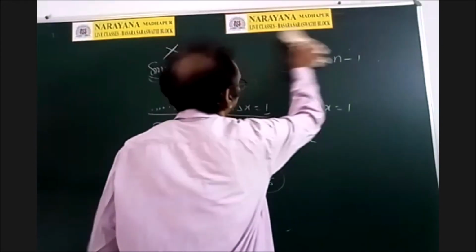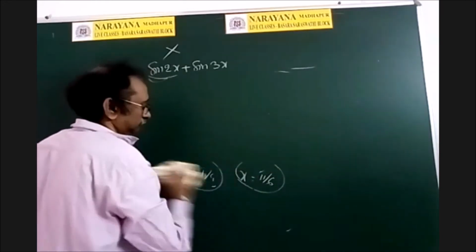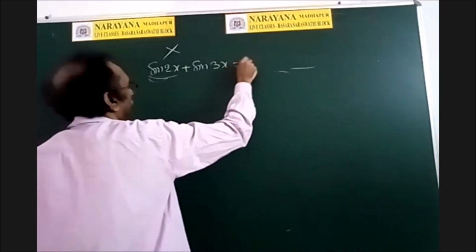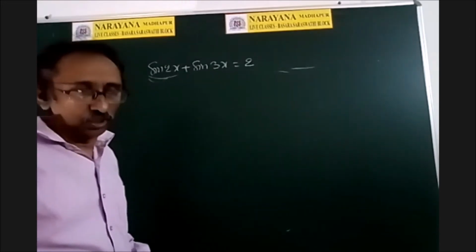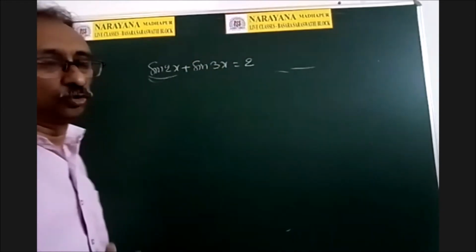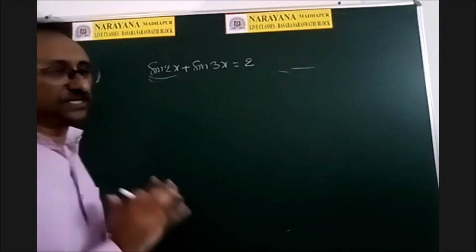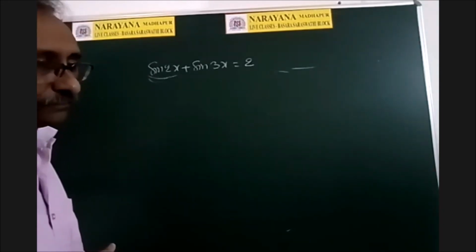Okay, I will do one thing. Instead of writing all this, I will simply write this only. Now let us start once again, Yoganand. Now tell me, sin 2x plus sin 3x is equal to 2 means what must be the result? Sin 2x should be 1 and sin 3x should be 1.